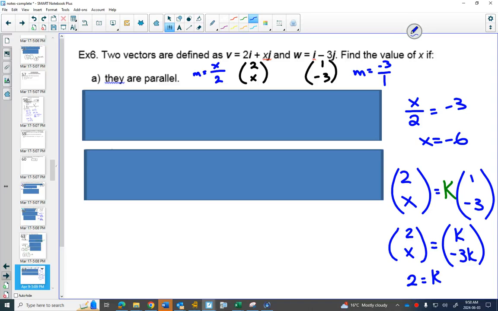I hope you could see that k is 2 right away from the first one with the green k. Can you see that if you put 2 in there, this is also going to make x equal to -6. And the nice thing about using the variable and saying that one vector is a scalar multiple of the other vector is that will also work in 3 dimensions.